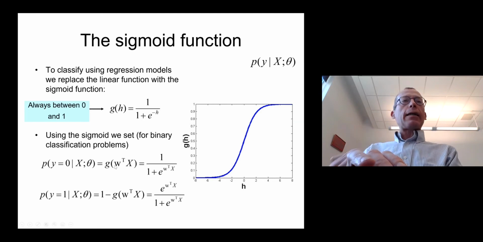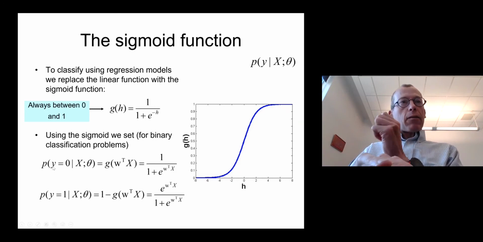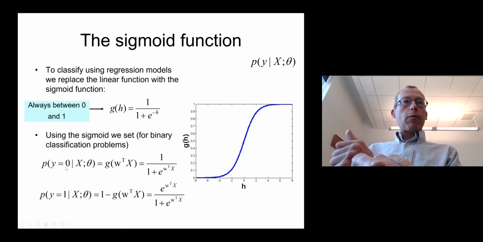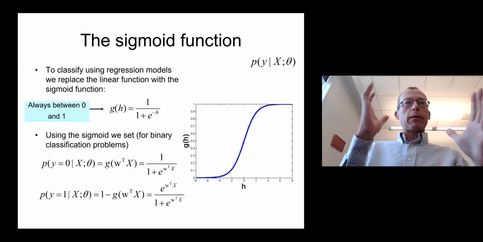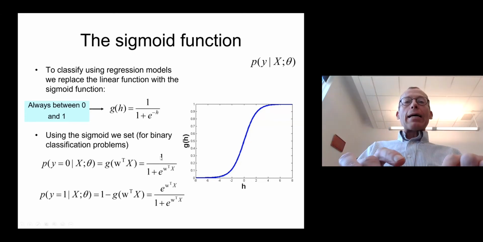We will see in the next slide why this might be useful. For now, we set P of y equals 0, the probability that y equals 0, conditioned on x, the input, and theta, the parameters, as 1 over 1 plus e to the W transpose x.